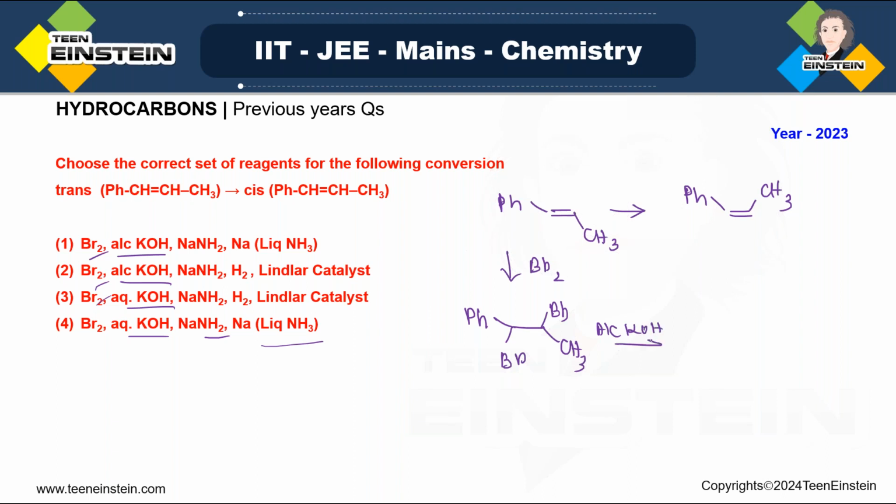So when it is alcoholic KOH, there is removal of HBr, and you are now getting, that is 1 hydrogen, any of these hydrogens you can remove. It doesn't matter. So H, okay, put it.